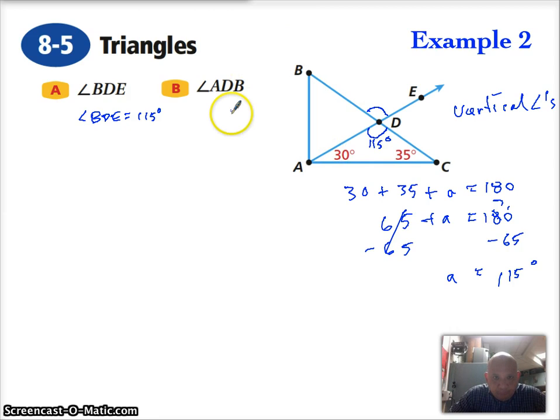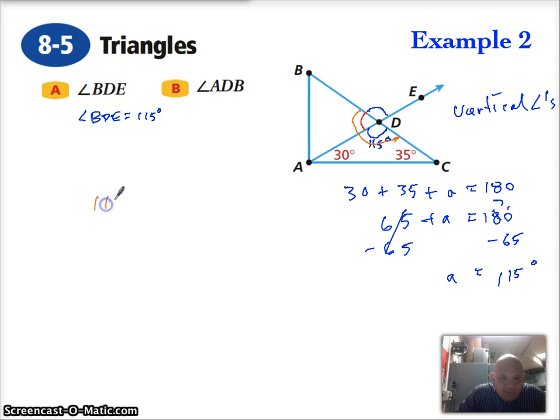Next, we're going to figure out angle ADB. Angle ADB is this angle right here. Now, we can use our work with the previous triangle work to get this particular angle, because I can see that this angle plus this angle equals 180 degrees. Why? Because this right here is supplementary. And we know that supplementary means two angles that, when added together, equal 180.